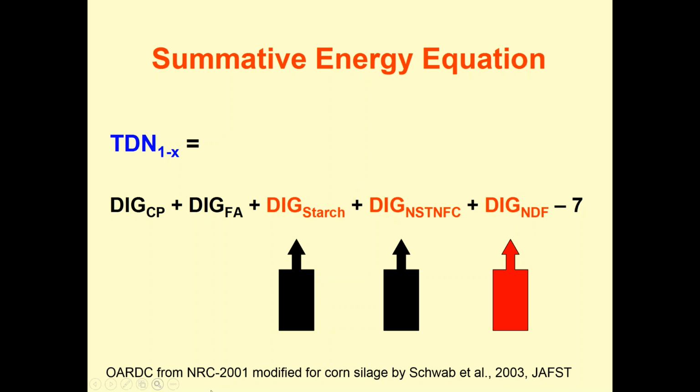When the equation first came out, these were simple digestibility constants that would be multiplied times crude protein, for example, or starch or NDF, but more and more the labs have taken on trying to assess digestibility of at least of fiber and starch.